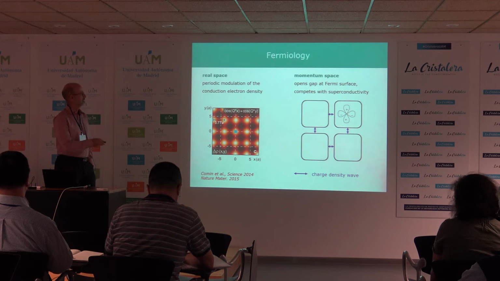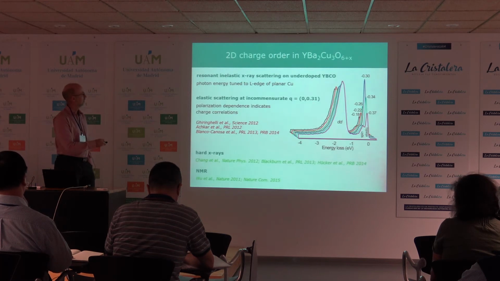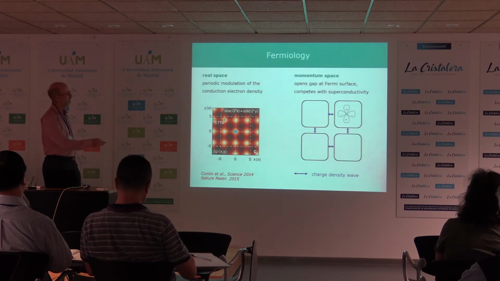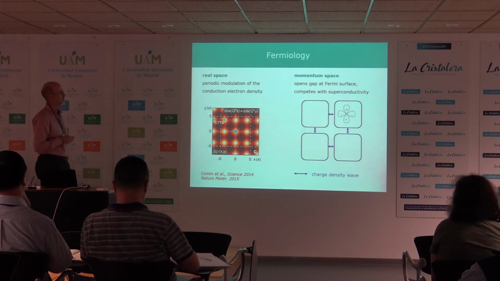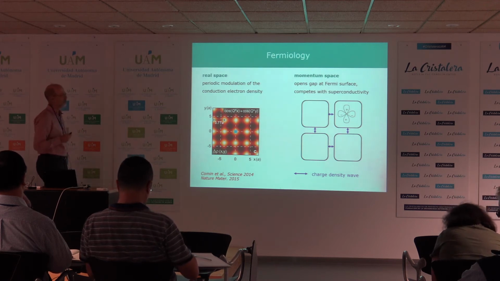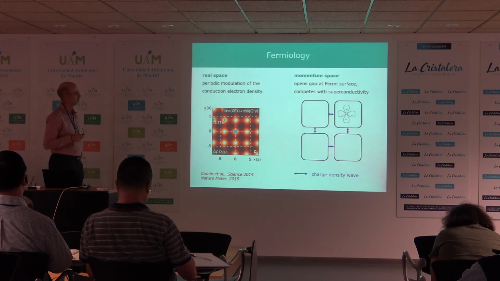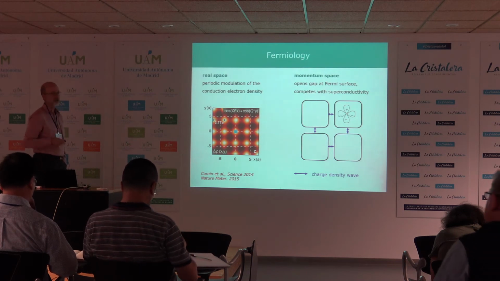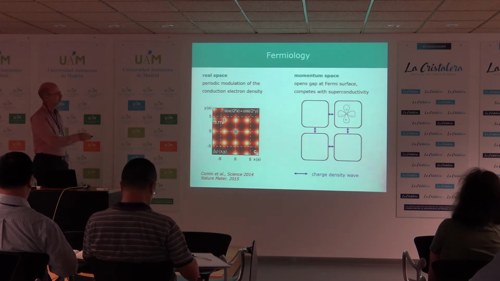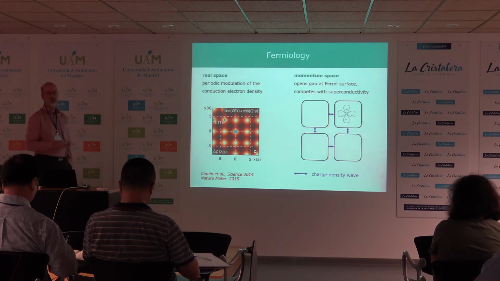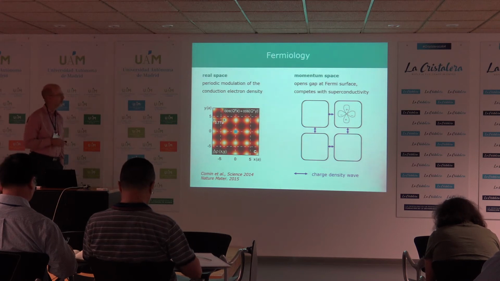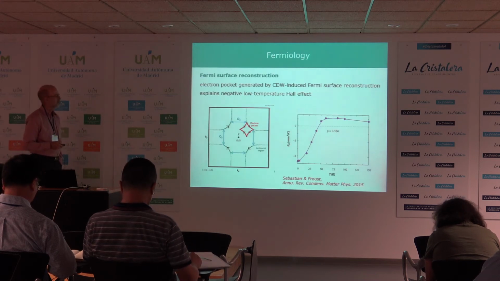And it turns out that the wave vector of the charge order is close to the spanning vector of the Fermi surfaces in adjacent Brillouin zones. So it's at least in the right direction, and I'll say something about the length in a moment. If you had a charge density wave that formed in these segments of the reciprocal space, it's clear already that it would compete quite strongly with superconductivity, because this is also where the superconducting gap is maximum. And this is indeed what happens.